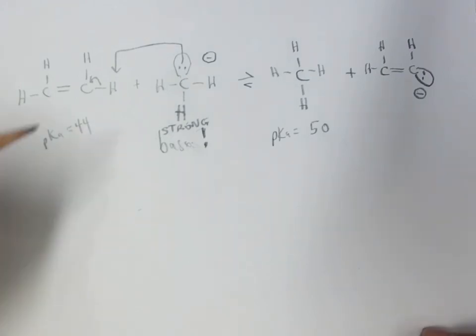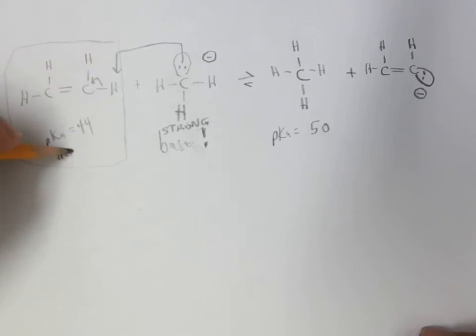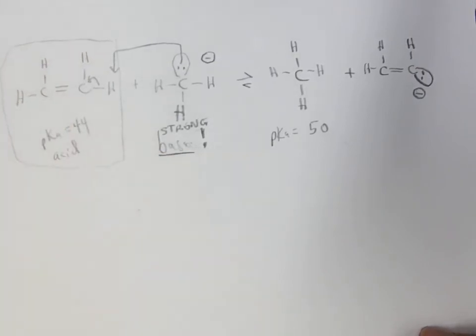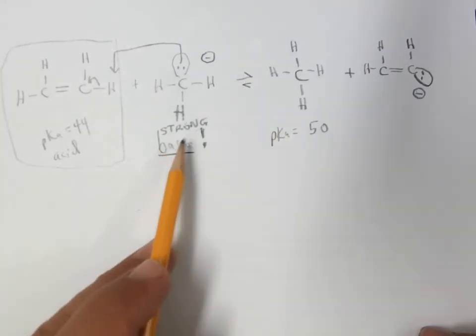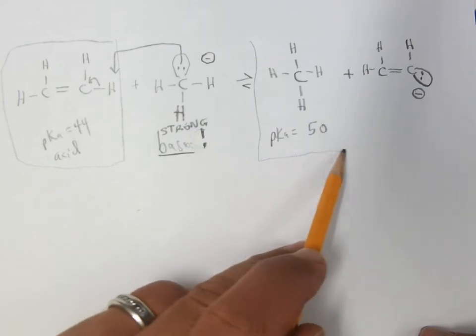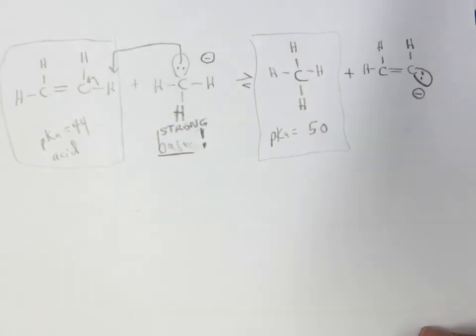So when we compare the two acids, this is forced to be an acid because the base is so strong, and then the base, when it grabs the H plus, turns into the conjugate acid.